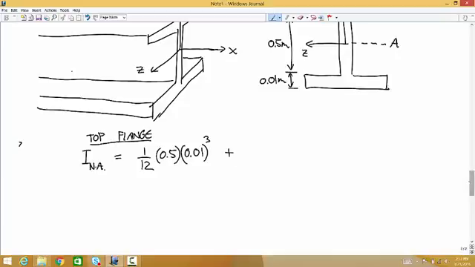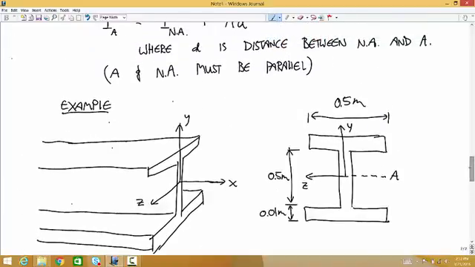So what's the distance from the neutral axis of this top rectangle to the axis A? 0.25 plus another 0.005, so 0.255, right?